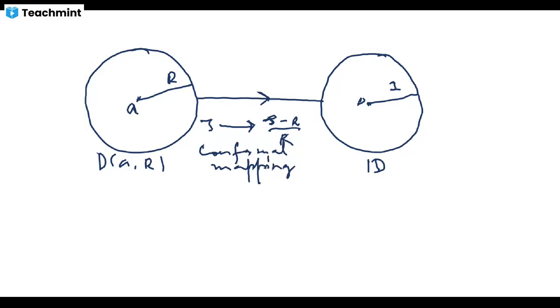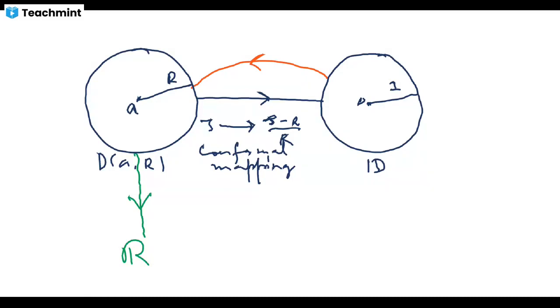And what do you have? You have a real valued harmonic function defined on D. Since the map from the disk with center A and radius R to the unit disk is conformal, it has an inverse, which is easy to evaluate.